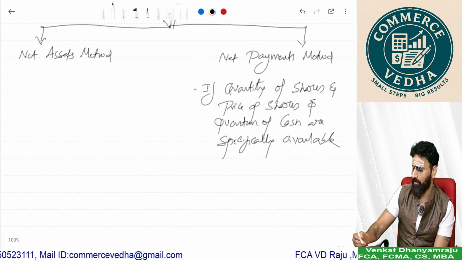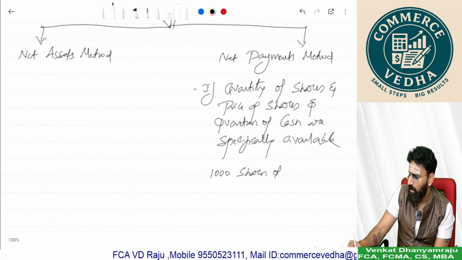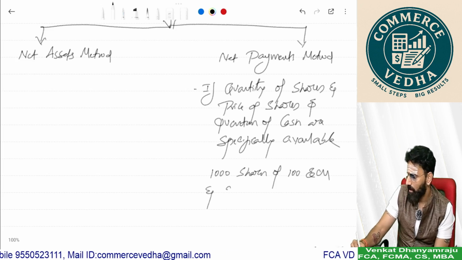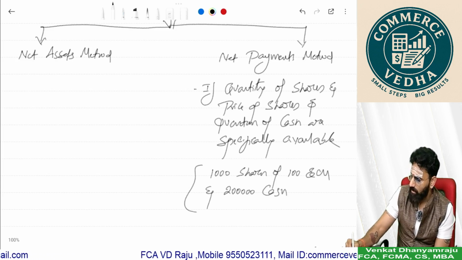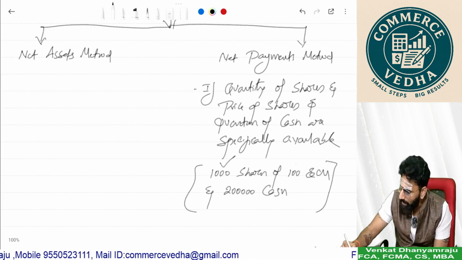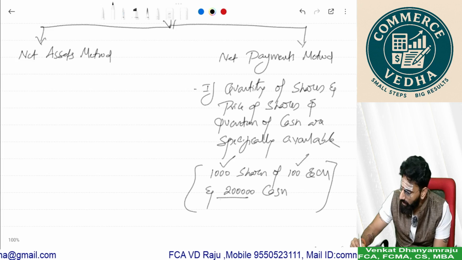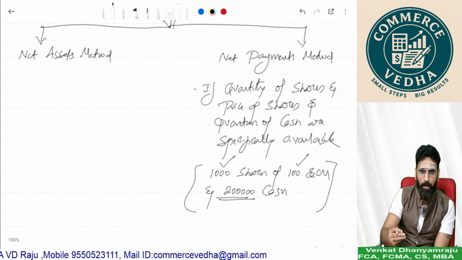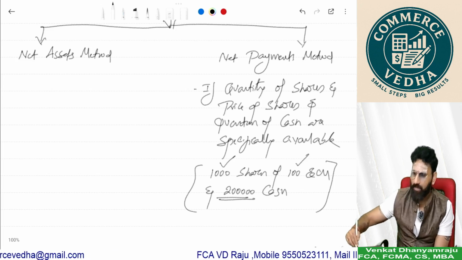It means I'm saying 1000 shares of 100 each and 2 lakhs cash. So here the quantity of shares is available, the price per share is available, and the cash is also available. Everything is told. What I am paying, how much I am paying, how I am paying. All the information is there.